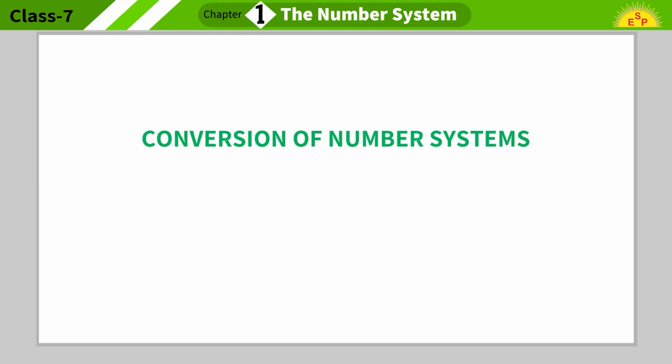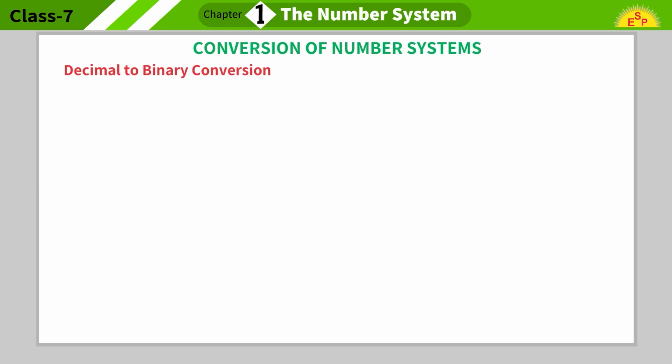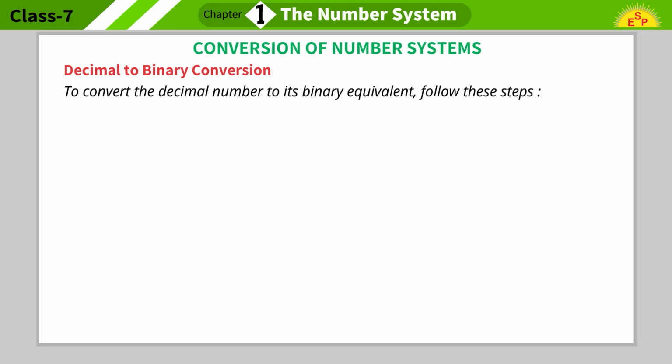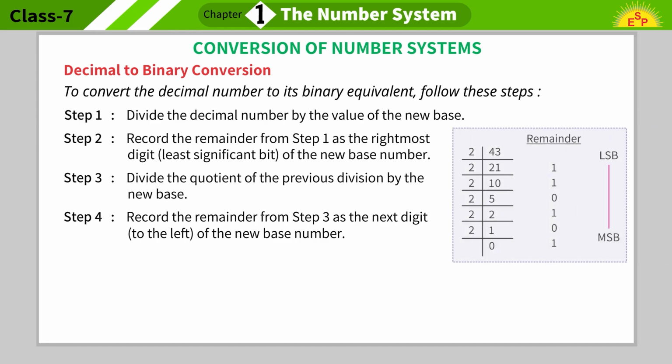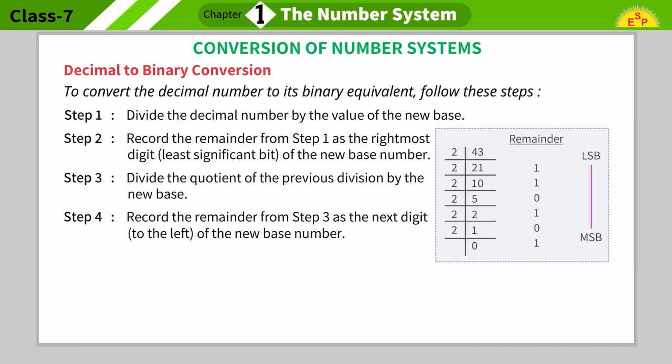Conversion of number systems. Decimal to binary conversion. To convert the decimal number to its binary equivalent, follow these steps. Step 1. Divide the decimal number by the value of the new base. Step 2. Record the remainder from step 1 as the rightmost digit, least significant bit, of the new base number. Step 3.